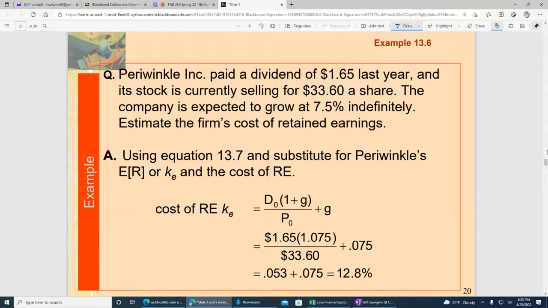But again, that's why using the retained earnings is not free. The return from this project must at least clear that cost of equity, right? Makes sense? So that's the concept.